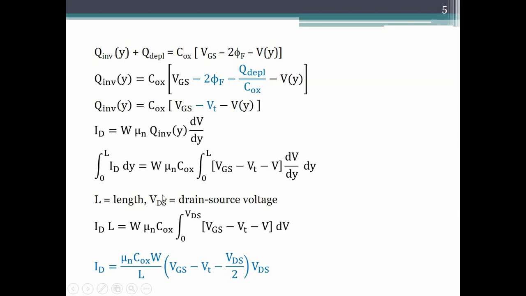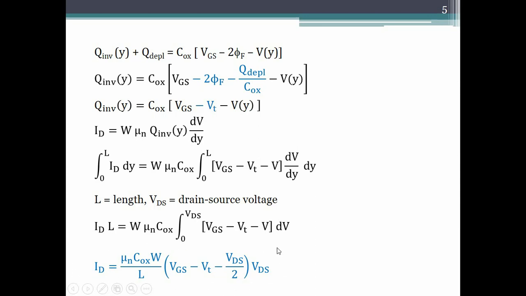L is the length, and on the right hand side we say at y equal to 0 the voltage is 0, that is at the source end. At y equal to L, which is at drain end, the voltage is VDS. So our limits become 0 to VDS, and then we integrate this out, and that is a very simple integral, and we get this, which is an equation I assume you are familiar with.